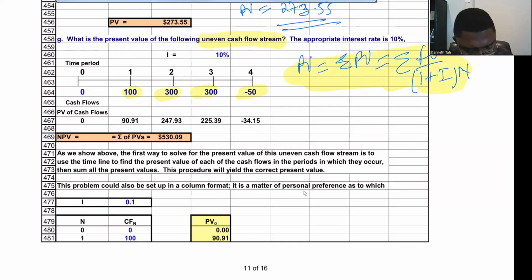So we do them one at a time. If we put them on a timeline, we can calculate the present value of 100, which is 100 over 1 plus the interest rate, 0.1, raised to the power 1, which is 90.91.